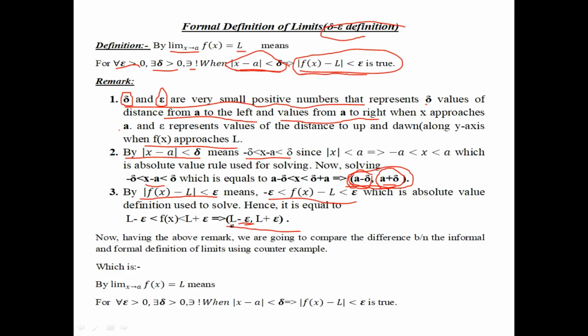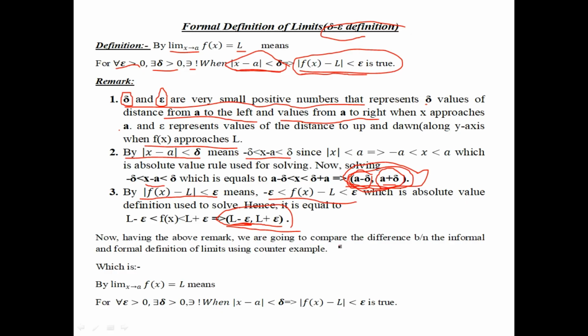Again, along the y-axis we have L minus epsilon, comma, L plus epsilon. So this is the radius, by the way, up and down, and the other one is the radius left and right. Now we have the above remark.